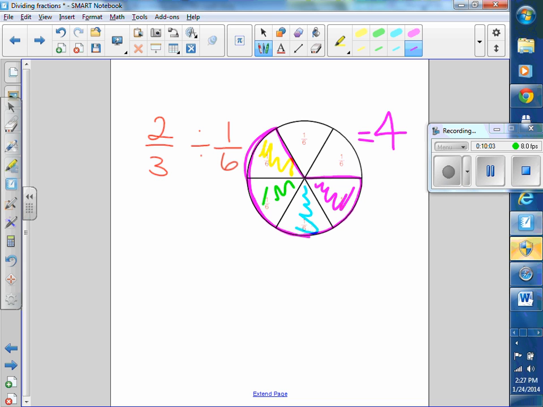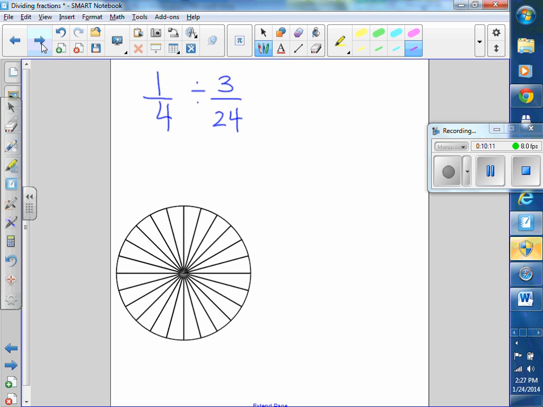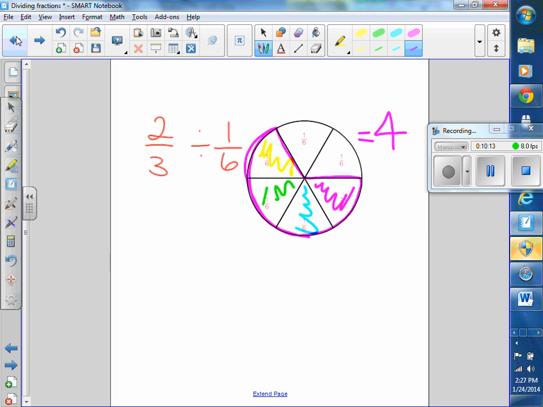Why it works, Walter? Yeah. No. Can you think of a pattern yet? Okay, we're not ready for that. Okay, let me ask you this. Okay, watch. How many 6 is 2/3? 4. Yeah. 4, 6. What's 4, 6 divided by 1, 6? How many 1, 6 are in 4, 6? 4, right?